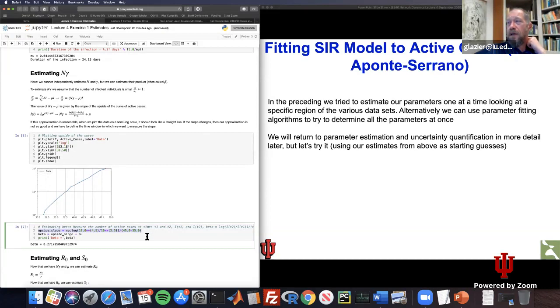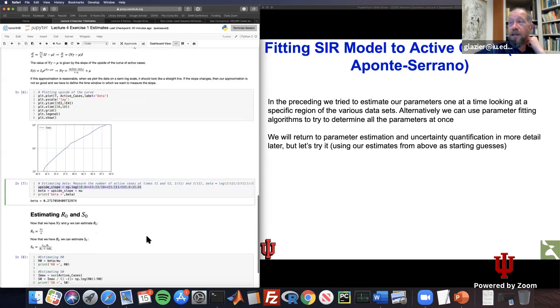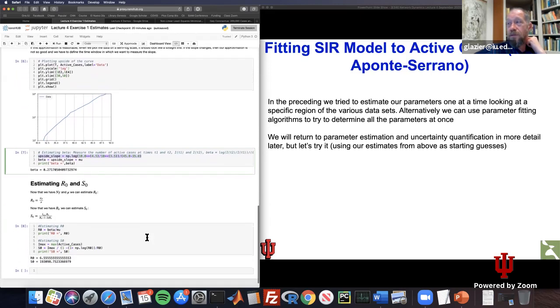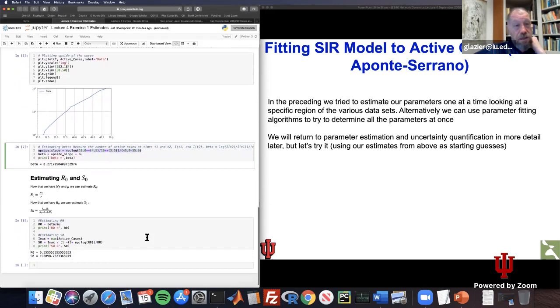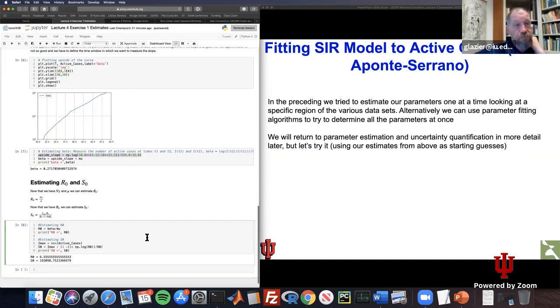Once you have beta and mu, you run cell number 9, and that'll give you R naught and S naught, and you have to look at S naught. And I'd like everybody to do that and come back with the numbers they get.